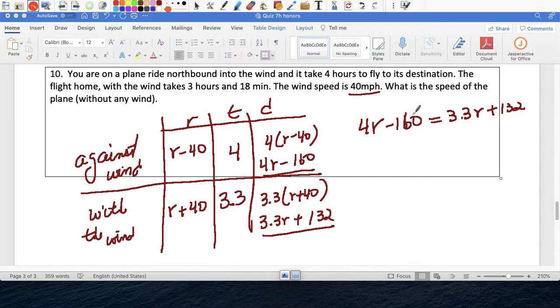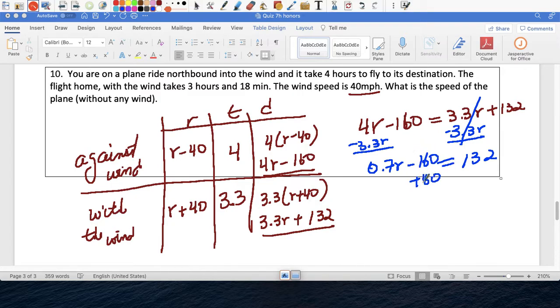We can get rid of the smaller r. Minus 3.3r, minus 3.3r. These two go away. I'm left with 132 on the right side. On the left side is 0.7r minus 160, plus 160 on both sides. I get 292 equals 0.7r.